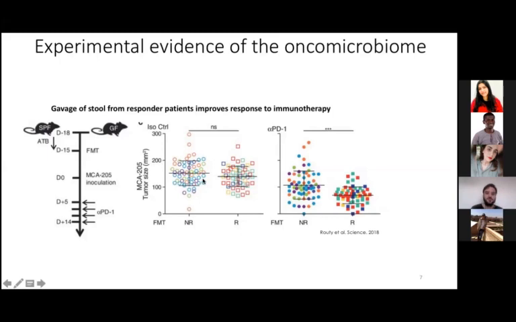The tumors were the same size. However, what changed was the tumor size after these mice were treated with immunotherapy agents. Mice that received stool samples from responder patients had a decreased tumor size after treatment with anti-PD-1 when compared to mice that had received samples from non-responder patients.